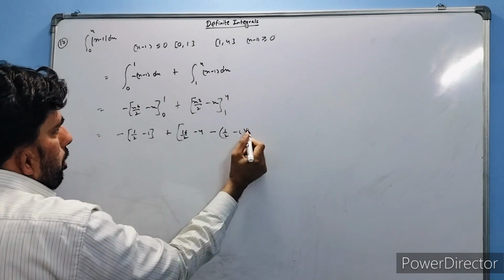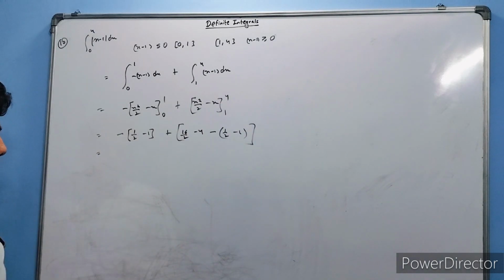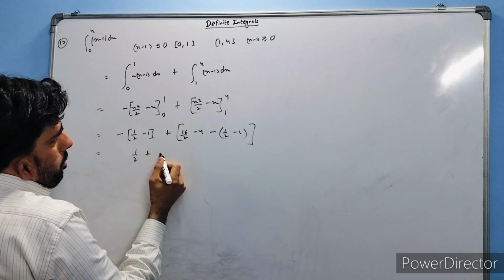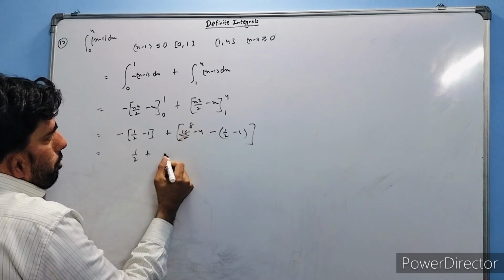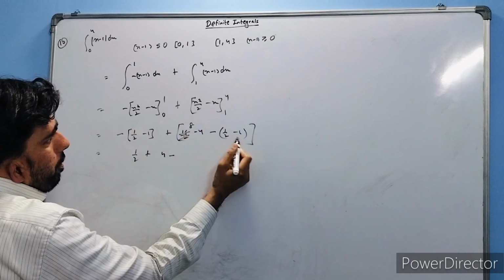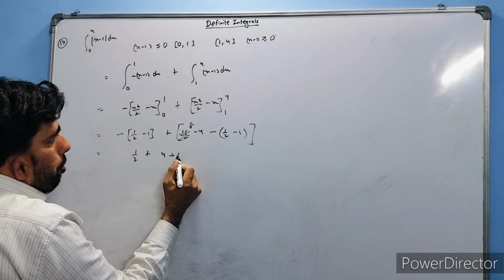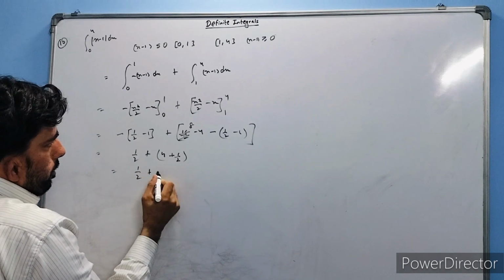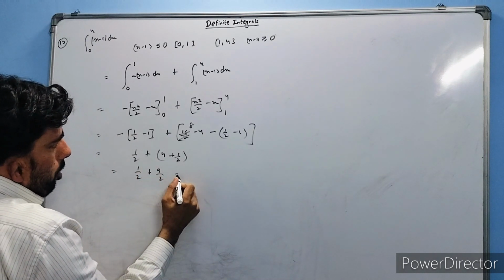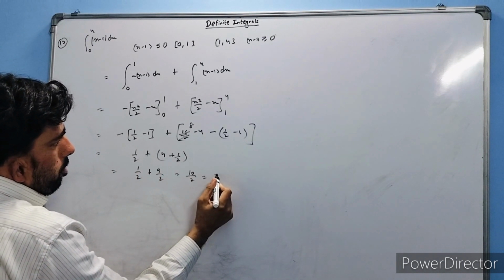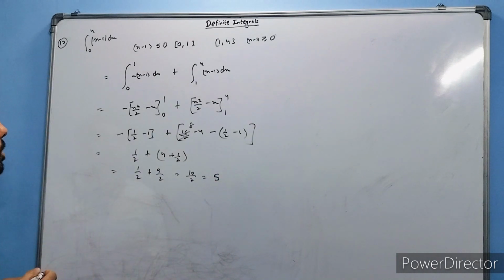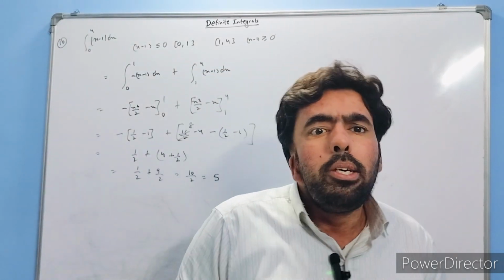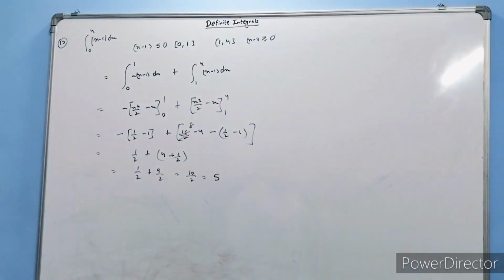Okay, so that is how we can solve: half minus 1 minus half, plus 8 minus 4, minus half plus 1, it will be plus half. So what I got here, half plus 9 by 2, we got 10 by 2, that is 5. Okay, so that is how we are able to evaluate definite integrals using the following properties.